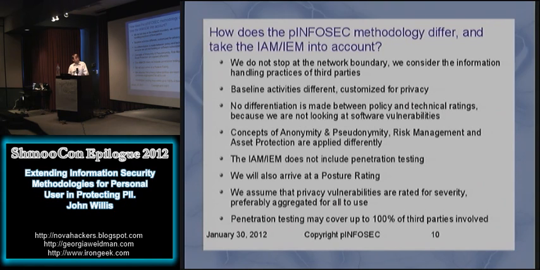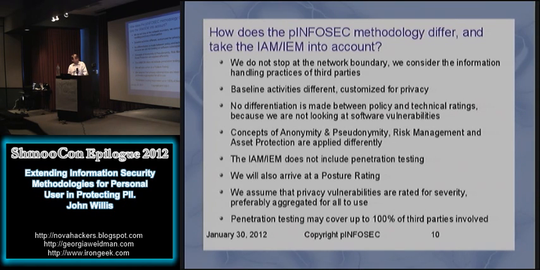Not necessarily interested in policy and technical ratings because we're not looking at software. Anonymity, pseudonymity, these various concepts are applied differently. IAM doesn't include pen testing. We're going to talk about doing some pen testing of third parties for your private information handling. We'll also come up with a posture rating in this methodology.